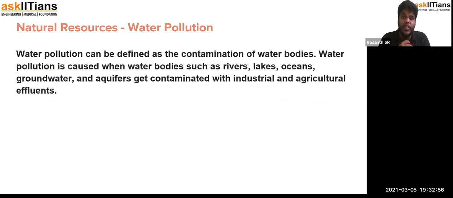The one thing which we can talk about when it comes to water pollution is the river Ganges and its condition. The river Ganges is so polluted that it is not suitable even for animals to survive in it. That's why Gangetic dolphins are lost.